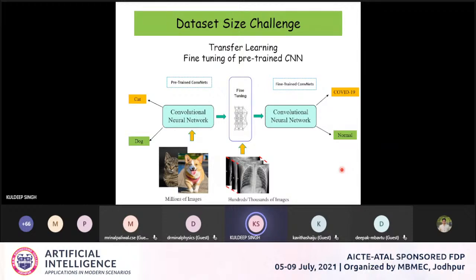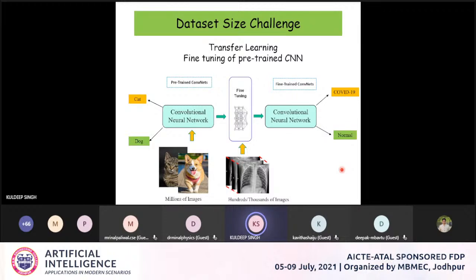As I was telling you, the convolutional neural network has a hierarchy of layers. The initial layers are responsible for extracting edges, lines, and corners. So whether it's an image of a cat and dog or it's a chest X-ray image, the filters involved in extracting lines and edges will remain the same.